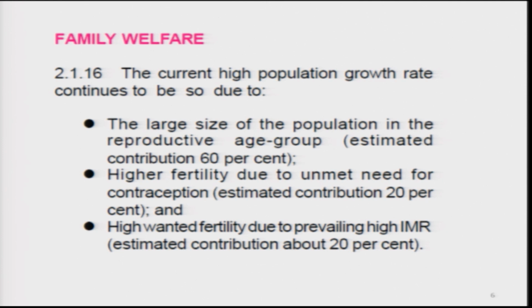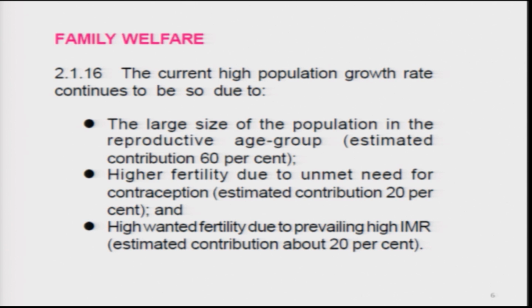However, in the 10th 5-year plan, 20% was attributed to unmet needs, and unmet needs have declined, and 20% to infant mortality or high mortality, and that mortality has also declined.